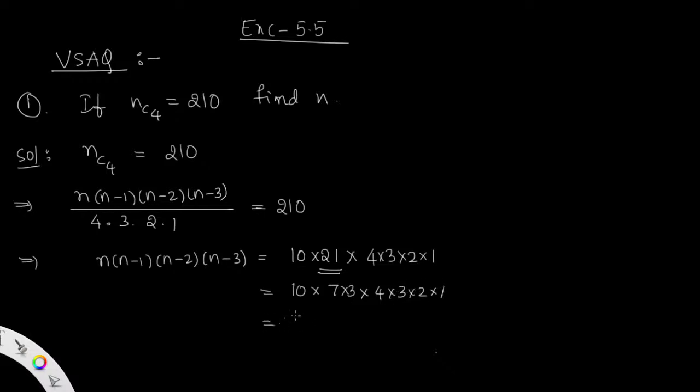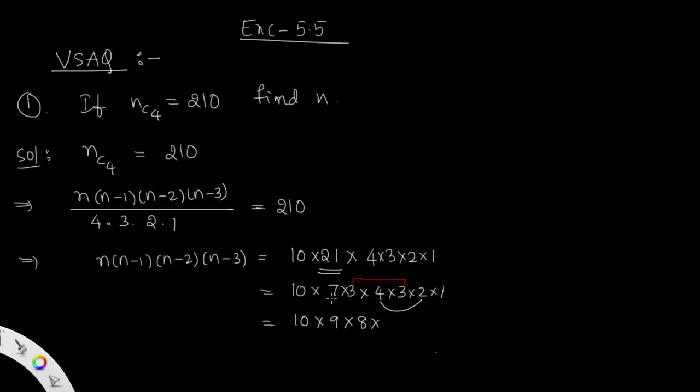Now 3 into 3 we can write as 9. So rearrange the terms as the product of the first decreasing terms: 10 into 9 and then 8.